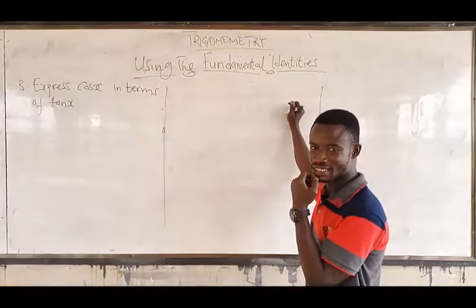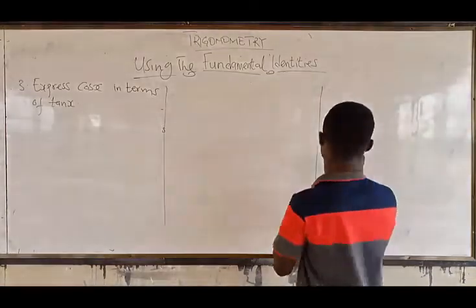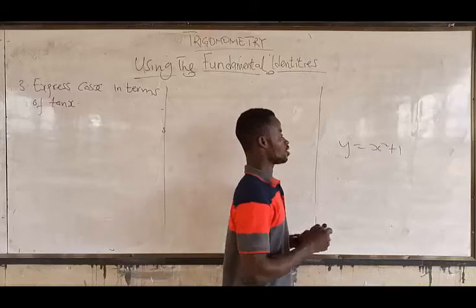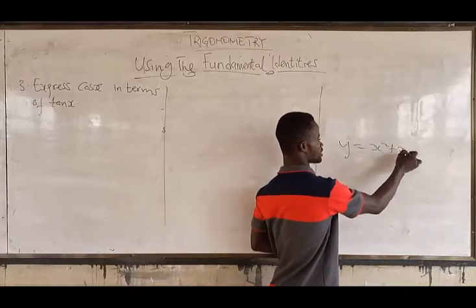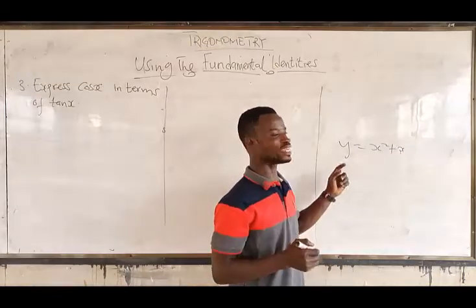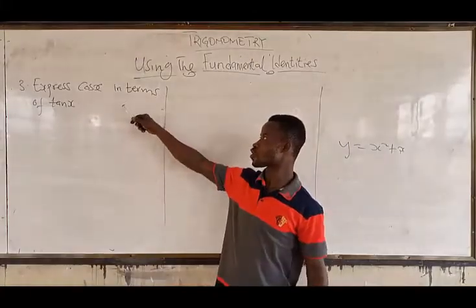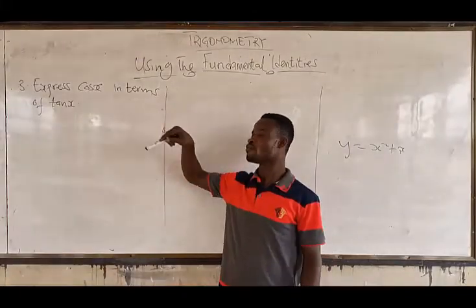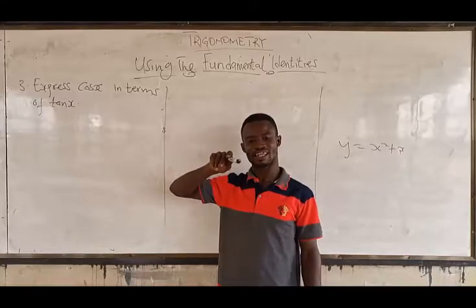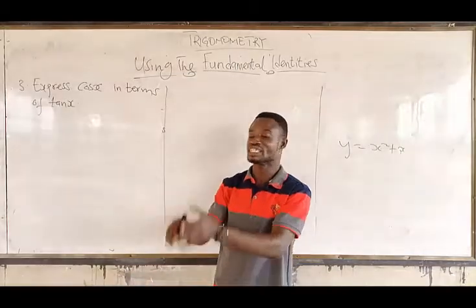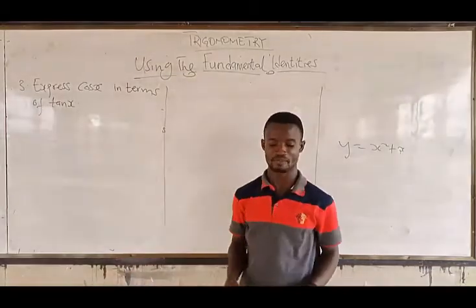What this means is that, for instance, y is equal to s squared plus 1, or plus s. This is y in terms of s. So for you to express cos in terms of tan, we want to get an expression like cos x is equal to something, and that thing should be in terms of only tan.